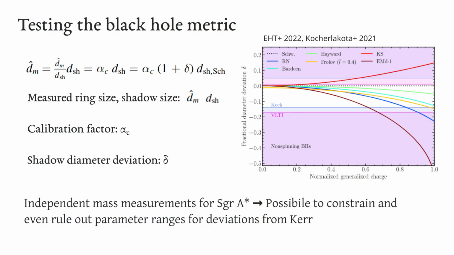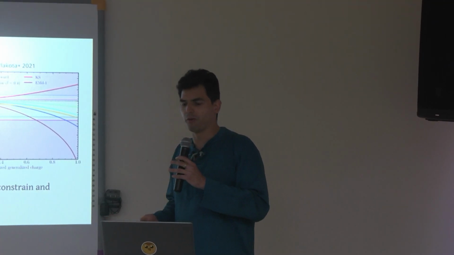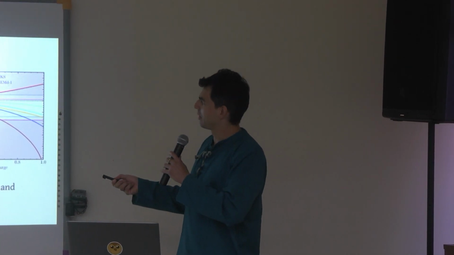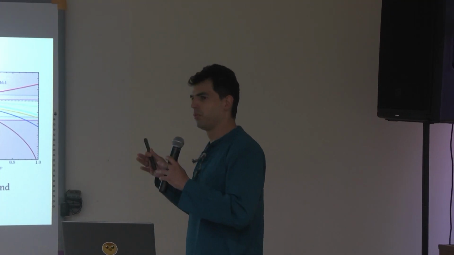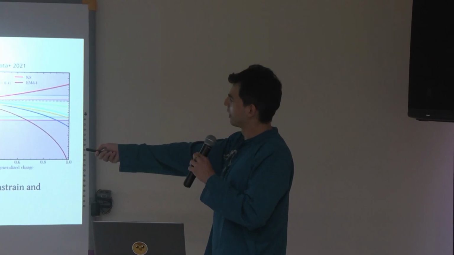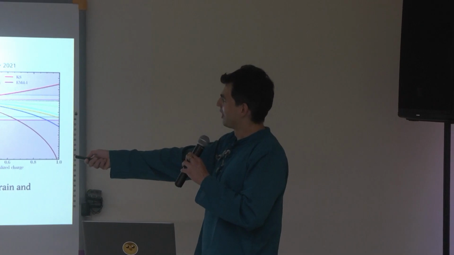This pipeline was used, for example, in the recent series of papers for Sagittarius A*, trying to test the black hole metric. An example where simulations played a very important role was in calculating what is called the alpha calibration.